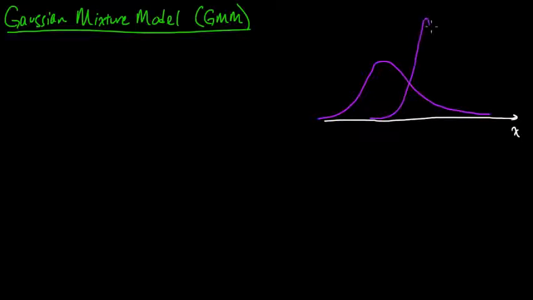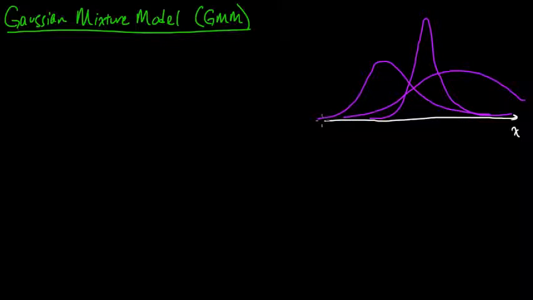Maybe there's a tall one like that. Test my drawing skills here. And then maybe there's a wide one, something like this. The probability density function for a random variable distributed according to the mixture is going to be a linear combination of these individual PDFs.